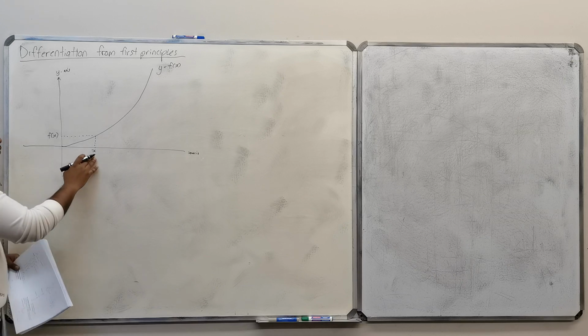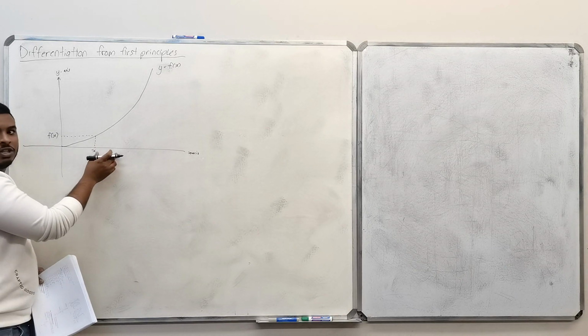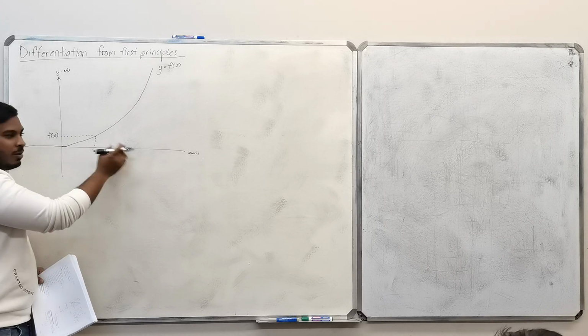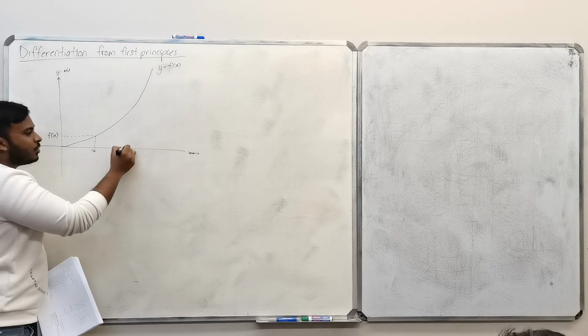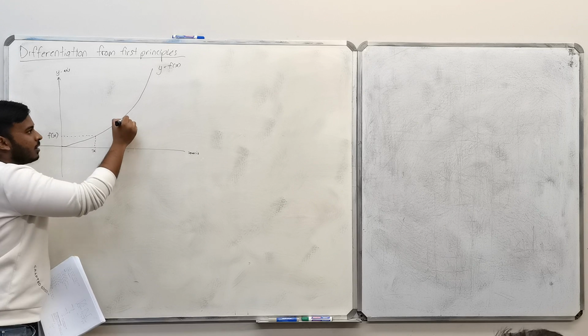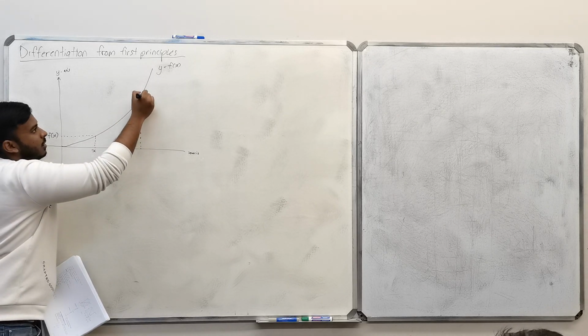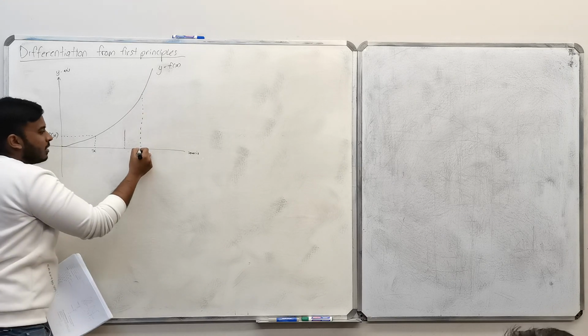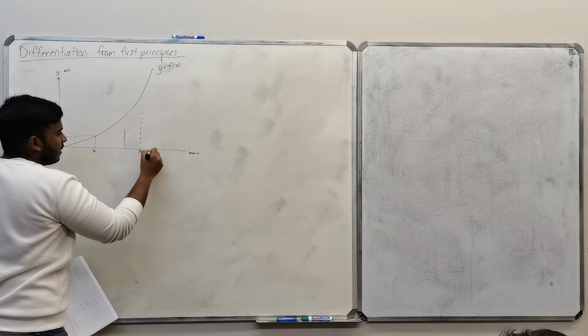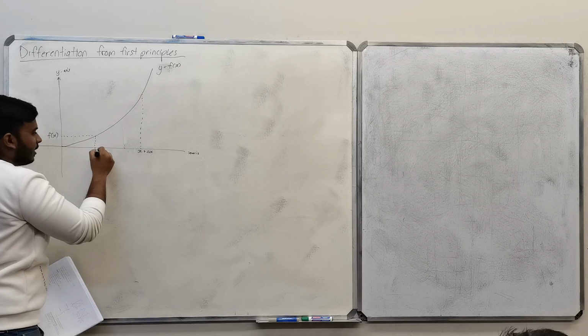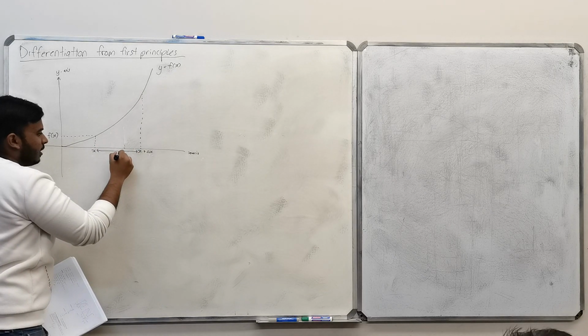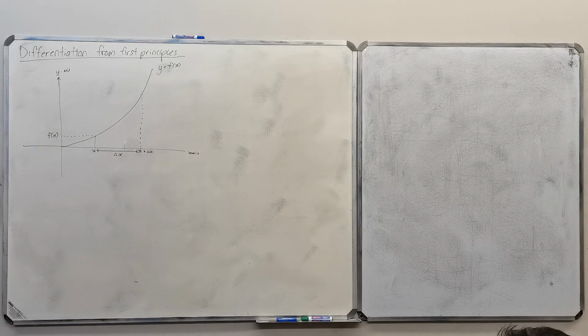So whatever the x was, they added a small change. So basically, they moved to another point, right? So this point here is x plus the change in x, and this portion here is the change in x. Yeah, we understand it? Okay, cool.